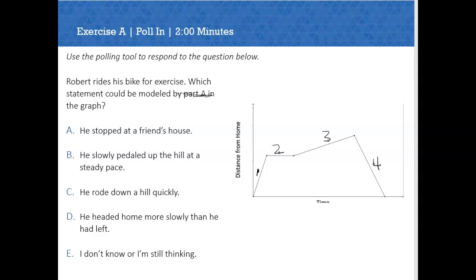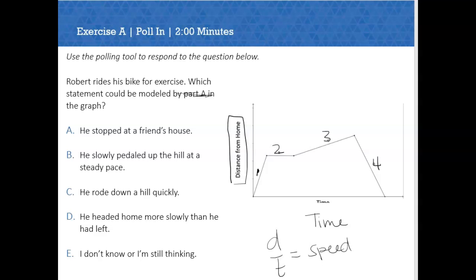So let's just talk about this. We have distance from home on the y, and this is cut off, but this is time on the x. And what I want you to know when we're talking about distance versus time is that when we look at each of these slopes, we're given the speed.